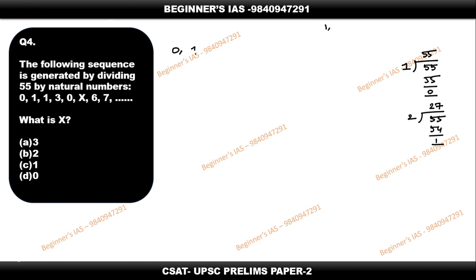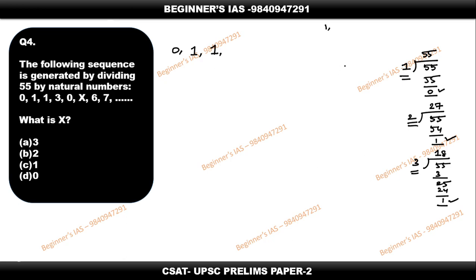Yes, this pattern 0, 1 follows. Then again check 55 with 3. Since it is given in the question that we divide by natural numbers 1, 2, 3 and so on, we take 3 times. Now check here: 3 eighteens are 54, it leaves 1. All the remainders are following this pattern: 0, 1, 1.